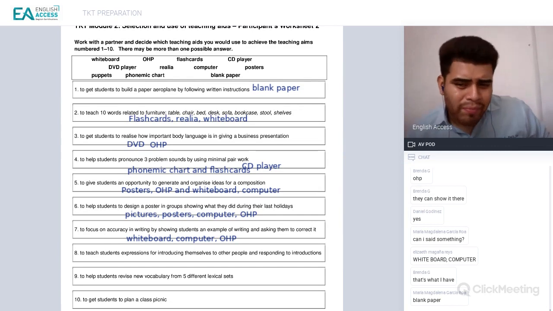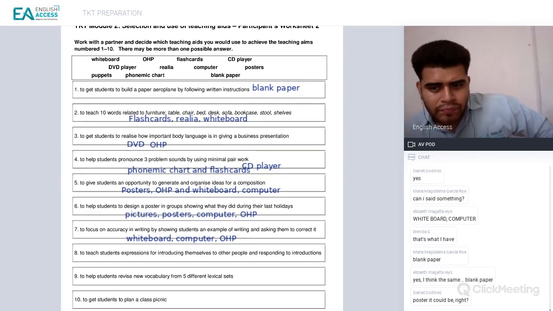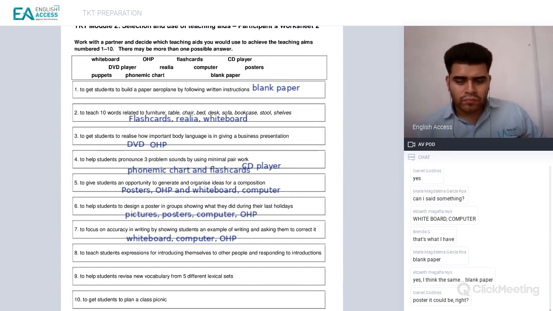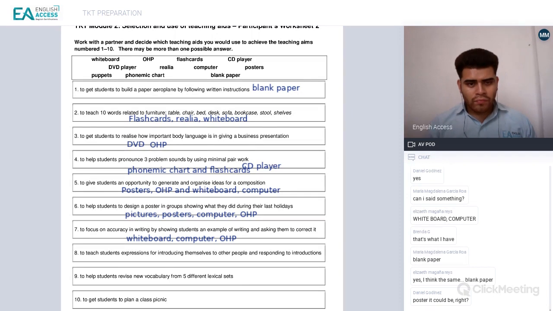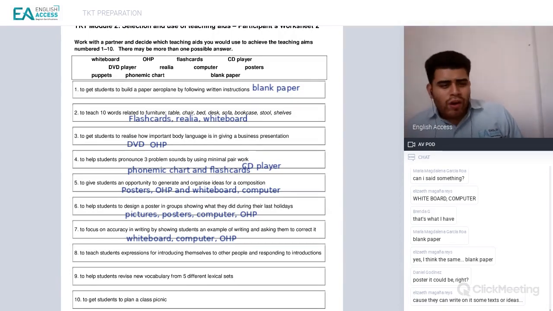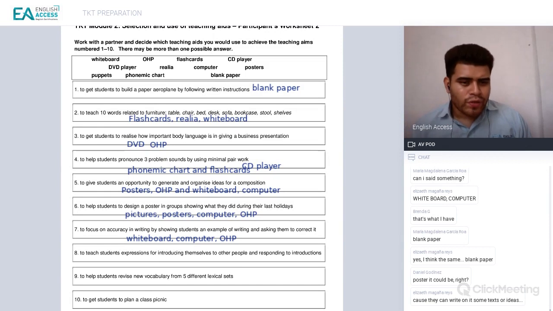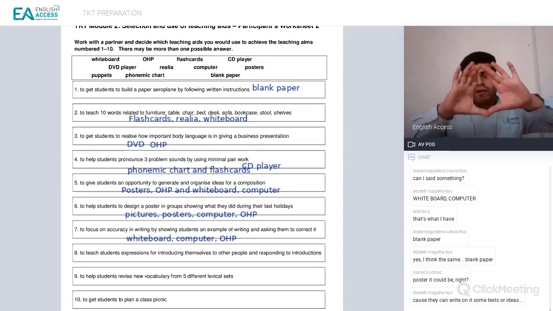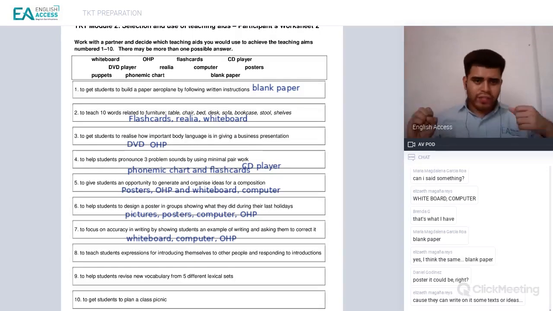Why did you say blank paper, Magdalena? About the grammar, maybe you can try the accuracy. Okay. Well, here we are proofreading. So I can write it on the board, I can write it on the computer and project it on the overhead.